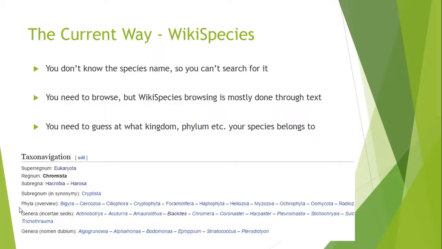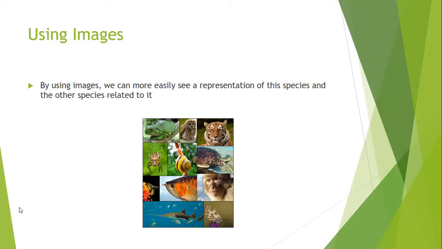Essentially, you will need to guess at what kingdom, phylum, etc. that your species belongs to. You can see an image of the taxonavigation that exists for the superregnum Eukaryota and the regnum Chromista. It is essentially just textual lists of the different categories under each different grouping.